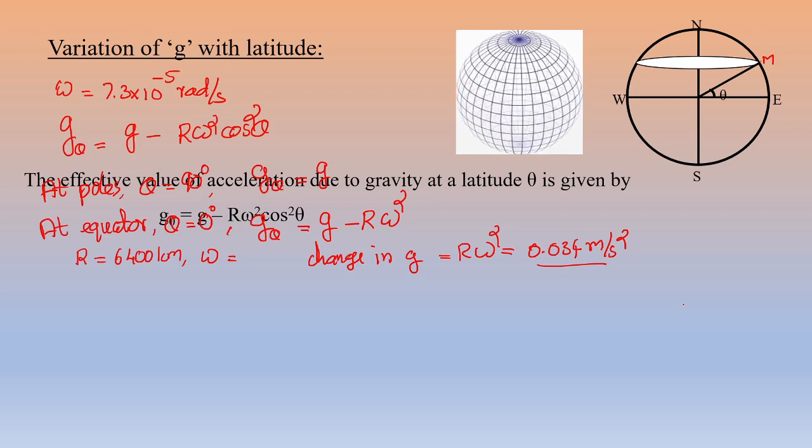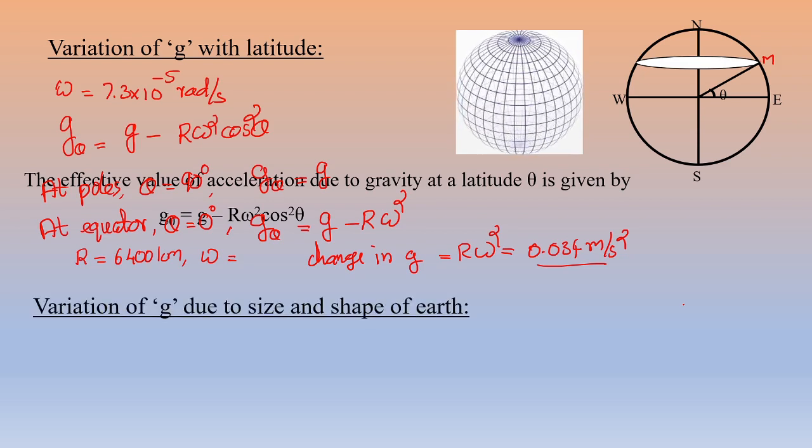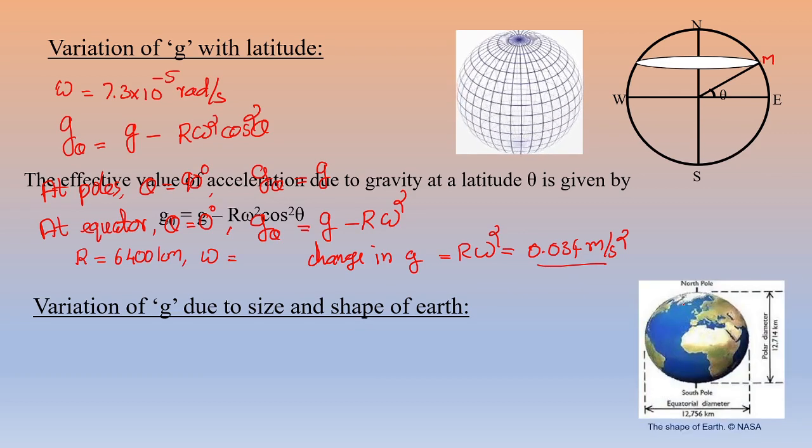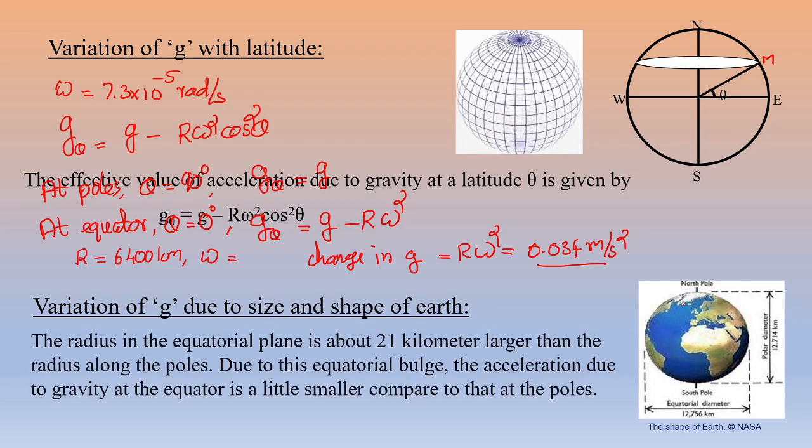Okay. And also there is a variation of g due to the size and shape of the earth. We know the shape of the earth slightly deviates from a perfect sphere. The radius in the equatorial plane is about 21 kilometer larger than the radius along the poles.